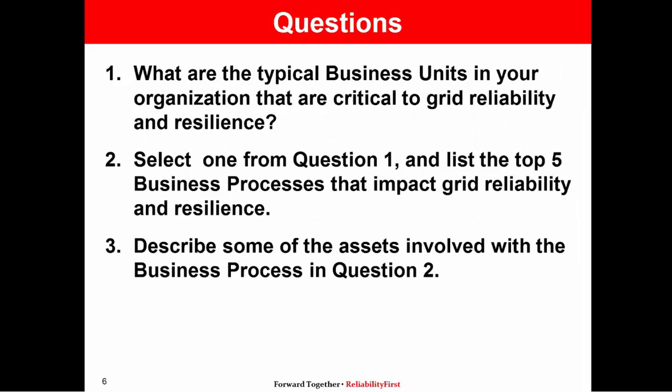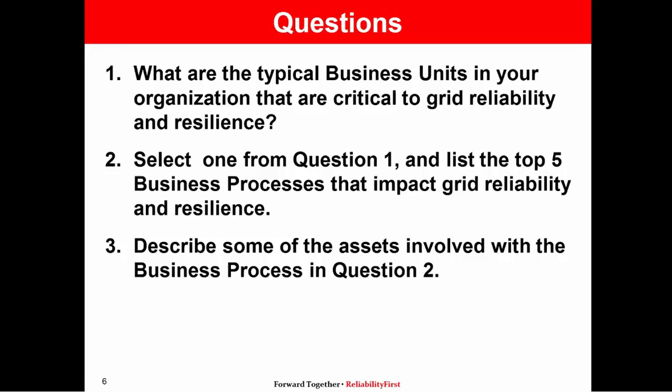So this is the end of the second learning objective, and we have some high-level questions off of some of the things that you may have learned through this process. The first question is, what are the typical business units in your organization that are critical to grid reliability and resilience? The second question would be, select from question 1 and list the top 5 business processes that impact grid reliability and resilience.